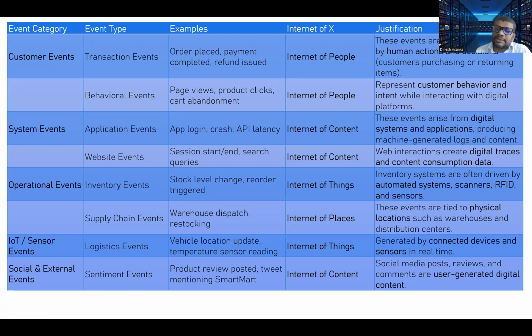Cart abandonment is when you are doing online purchases, suddenly people add items into the cart, but they don't go to the checkout. Why? Descriptive analytics is how many cart abandonments there are. The diagnostic analytics is why they are doing it.